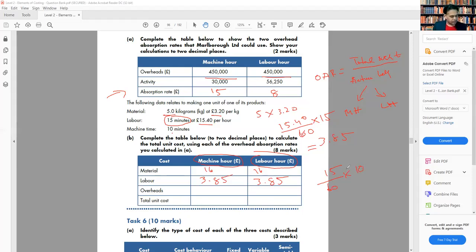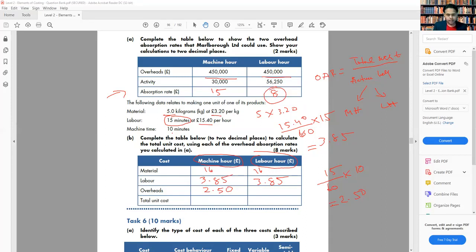So 15 pounds for 1 hour, that is 60 minutes, and times 10 minutes, that gives me how much? 15 divided by 60 times 10 gives me 2.50. And the next one we have, that is 8 pounds for 60 minutes, and that's the labor hour. So 15 minutes.